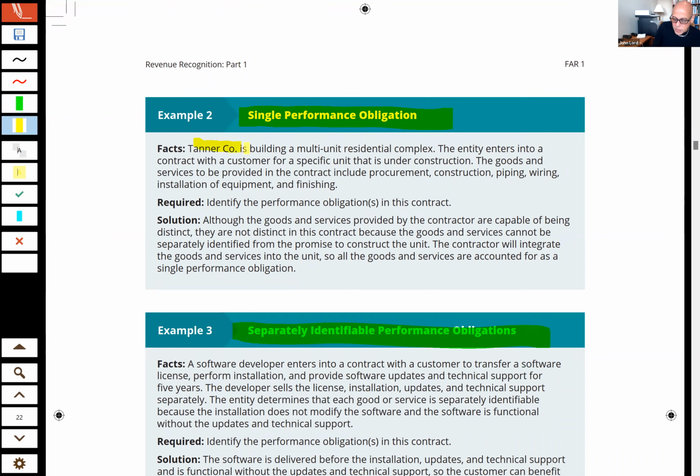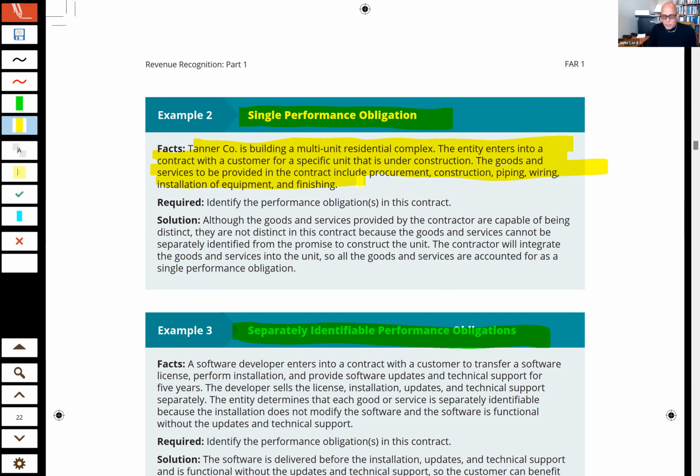So let's look at this. We've got this Tanner company building a multi-unit residential complex. They enter into a contract with a customer for a specific unit that is under construction. The goods and services to be provided in the contract include construction, piping, wiring, installation of equipment, and finishing. Now you look at all that, and I doubt that a contract for a condo unit would talk about the piping, the wiring, okay?